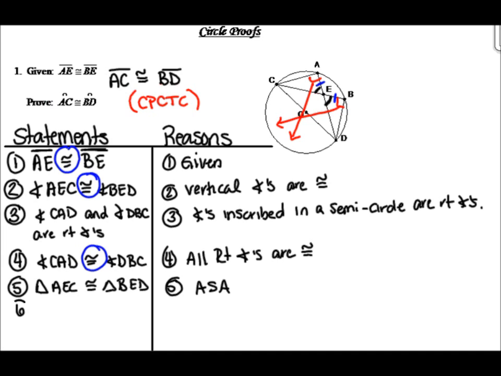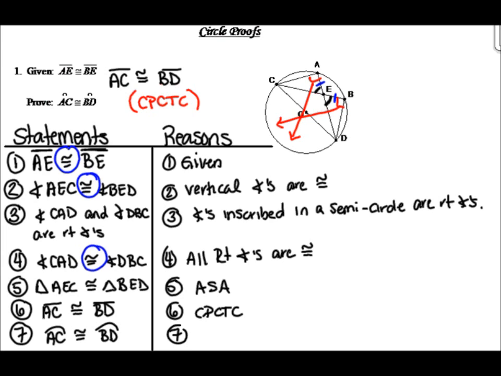And now we can use our CPCTC to say side AC is congruent to side BD. And again, that's by CPCTC. Well, our prove statement says we need to prove those arcs. So my last step will be to say arc AC is now congruent to arc BD.